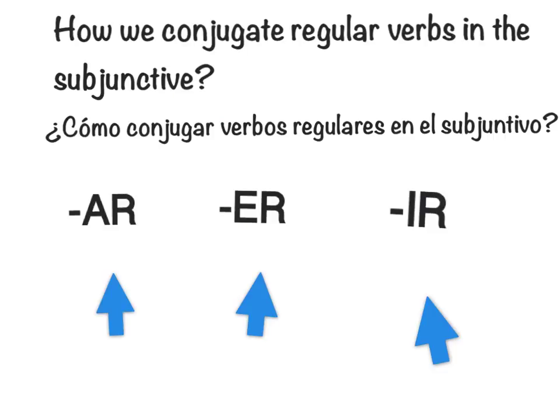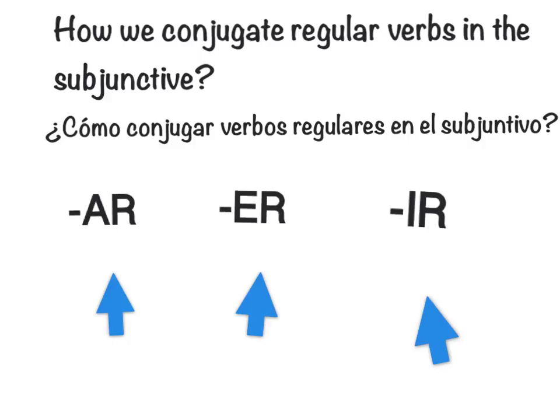Now, how do we conjugate regular verbs in the subjunctive? ¿Cómo conjugar verbos regulares en el subjuntivo? Well, we do it the same way we do it with the indicative.